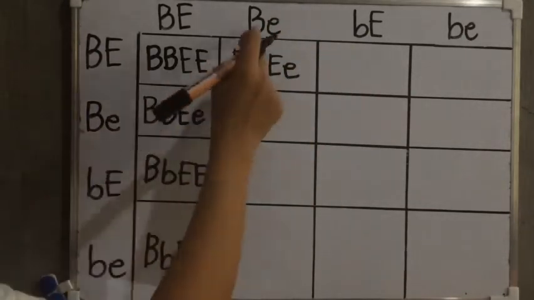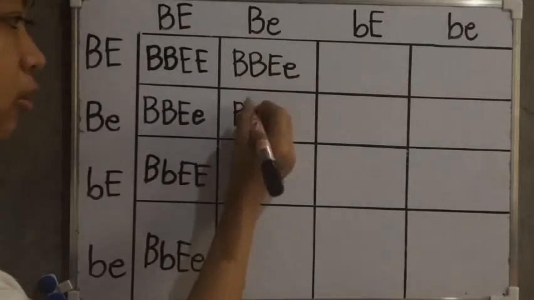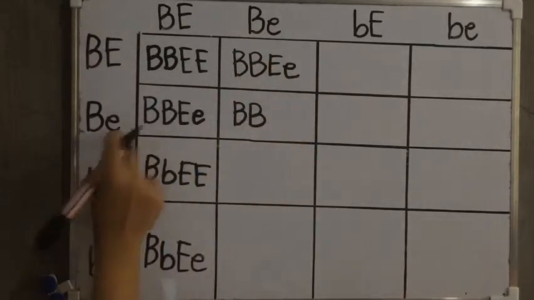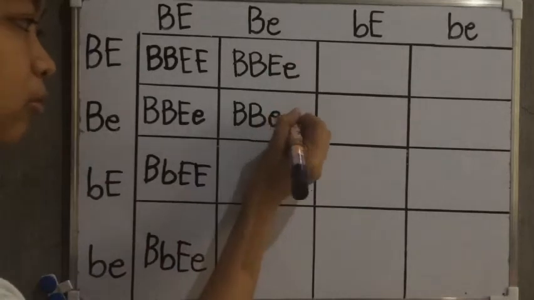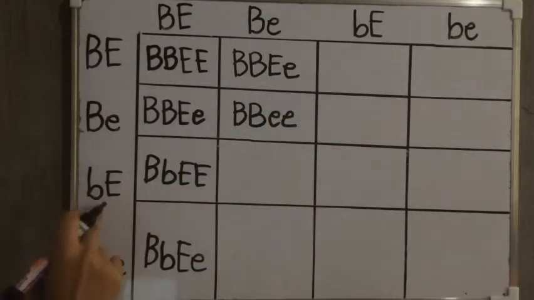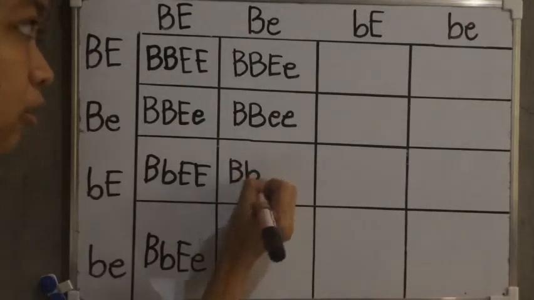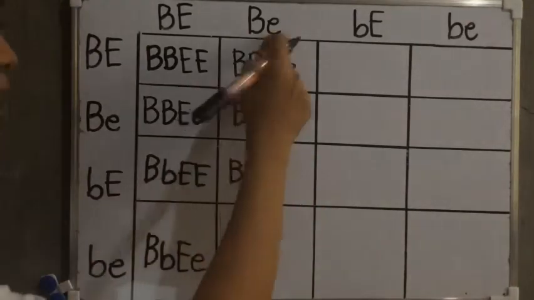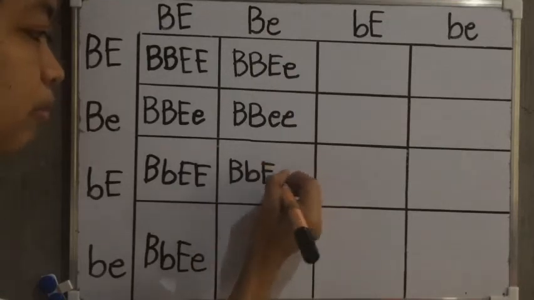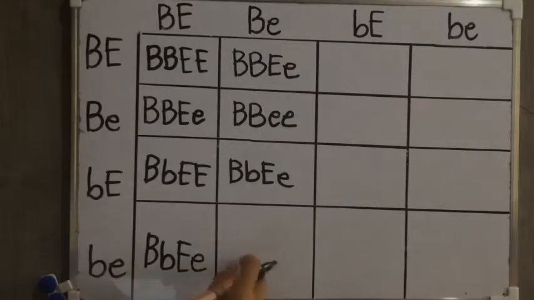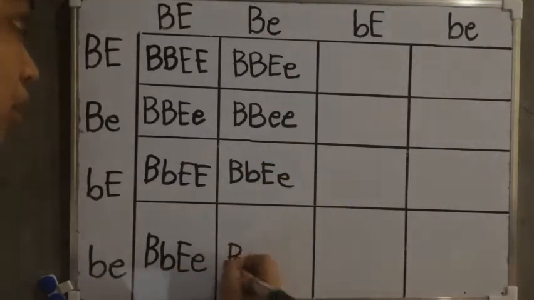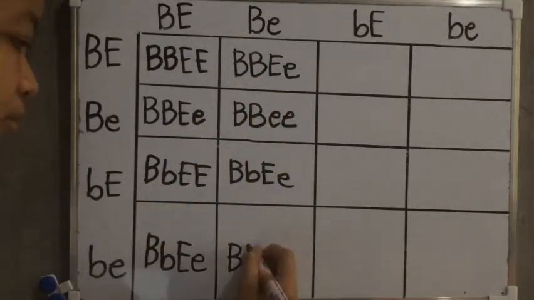Here, 2 dominant and then 2 recessive. Next, 1 dominant and 1 recessive. 1 dominant and 1 recessive. Next one, 1 dominant here and 1 recessive.